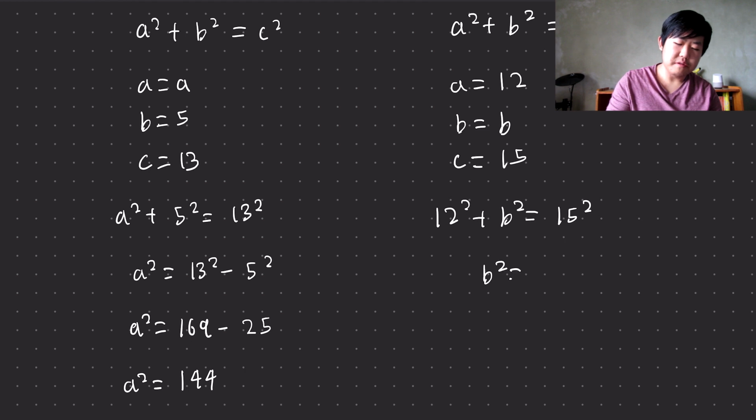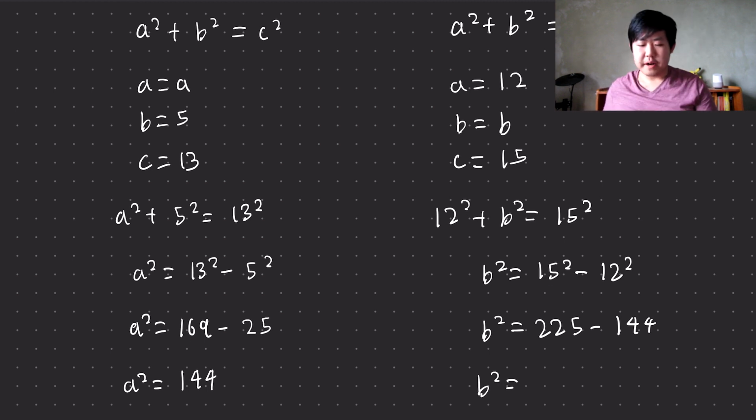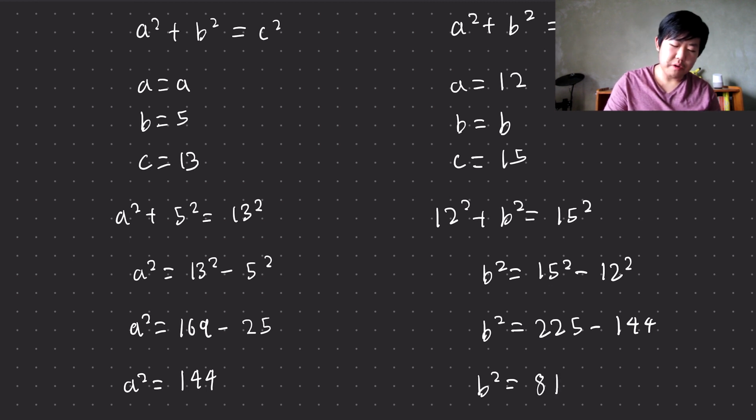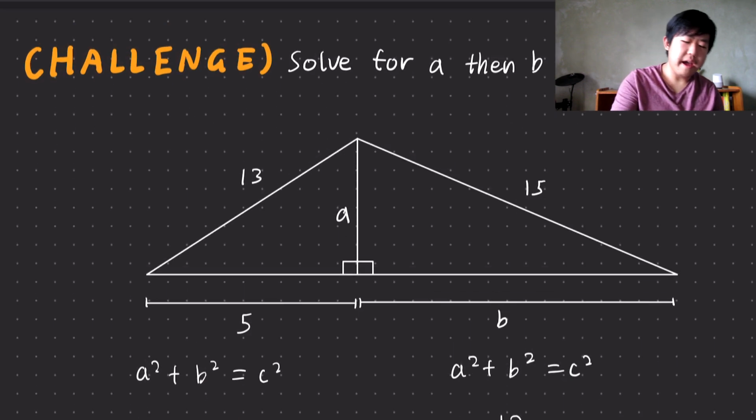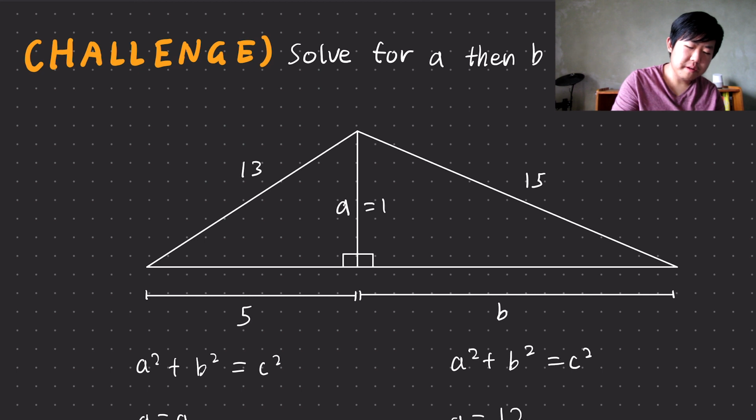B squared equals 15 squared minus 12 squared. B squared equals 225 minus 144. Then B squared, so 225 minus 144 is 81. And then root 81 should be 9. So 9 units. So there you go. A is equal to 12. And then B is equal to 9.